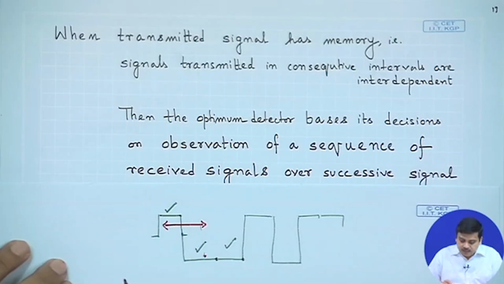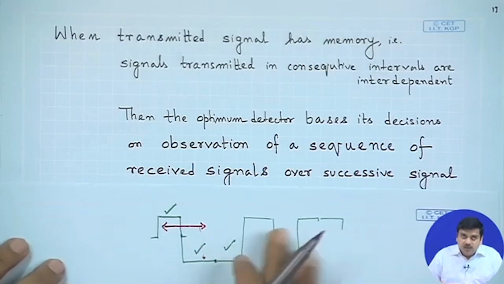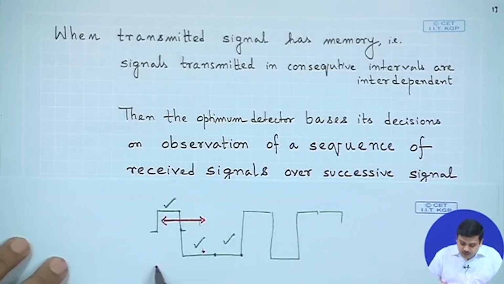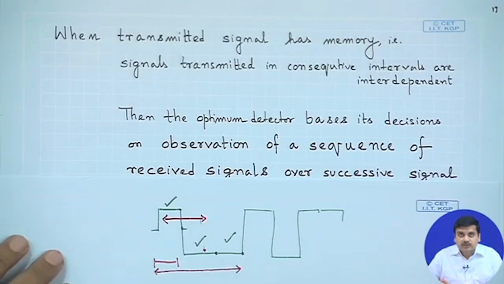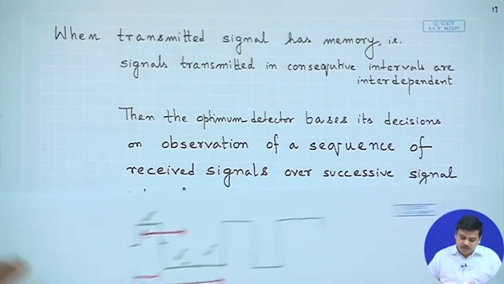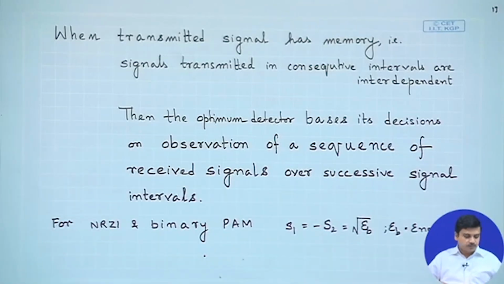In that case, when we design the receiver, we should not base our decision on only one observation interval. We should base our outcome by looking at several observation intervals in a sequence. So, we have to do a similar thing to what we have done before, but for multiple signals, multiple signal intervals.